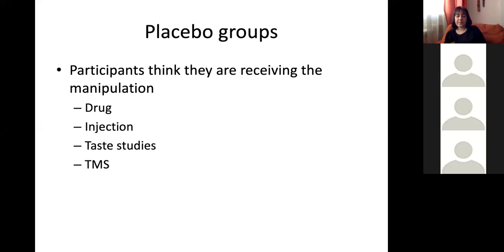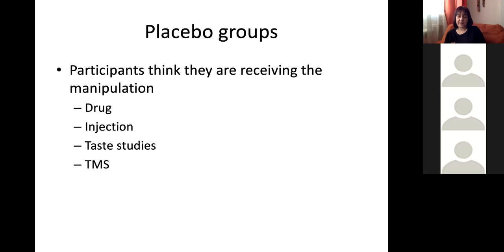And using placebo groups is really important in many experiments if you expect that participants can change their performance based on the fact that they know what condition they're in.